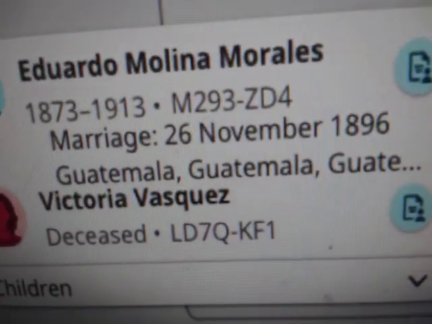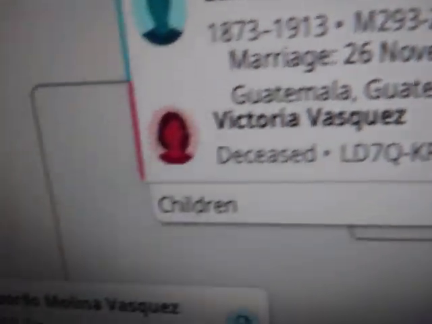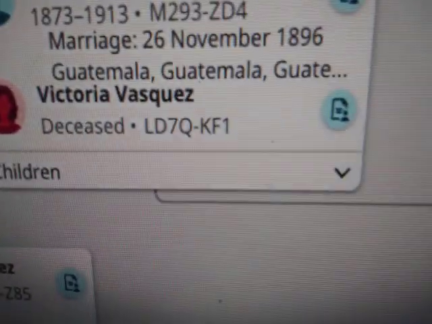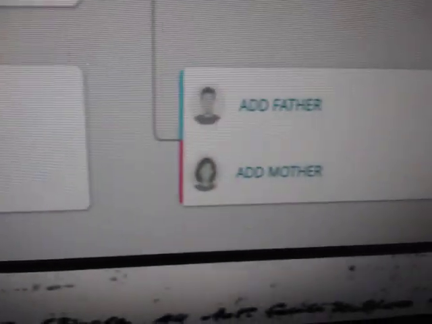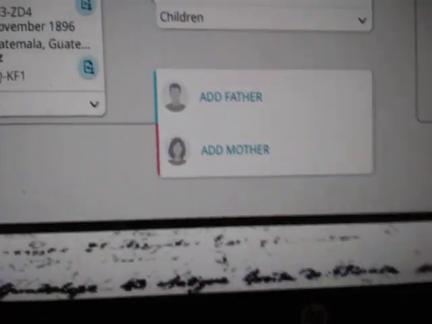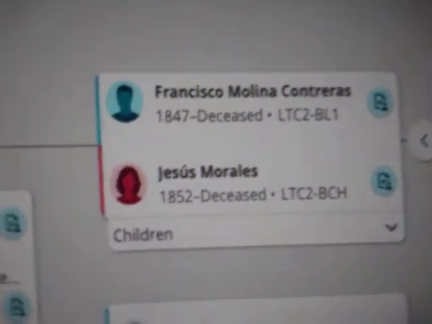And there we have the marriage information with Victoria Vasquez. Under Victoria Vasquez, there's nothing. We have no information about Victoria or Jesus or even Dolores. So his family goes way back to 1821 with a Miguel Molina.